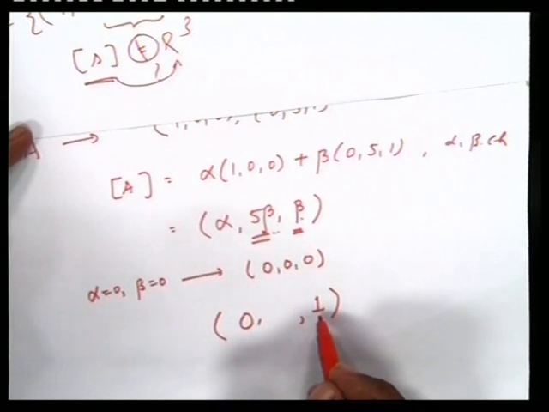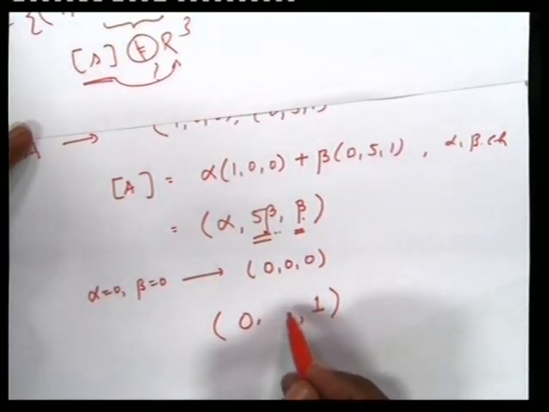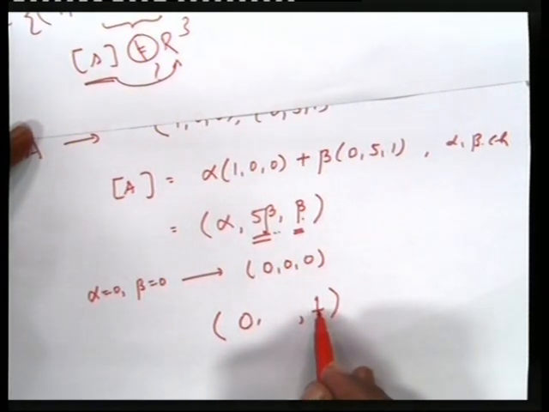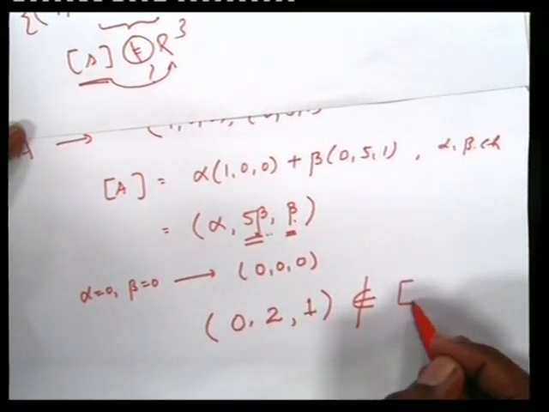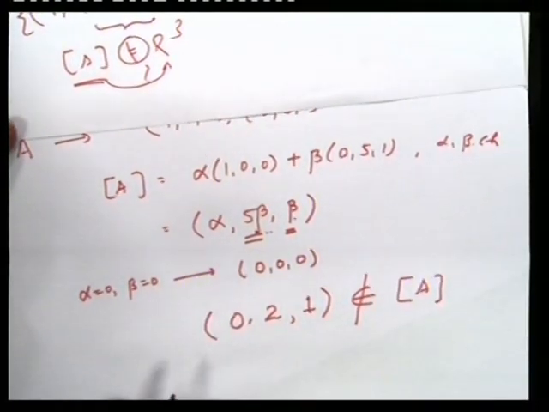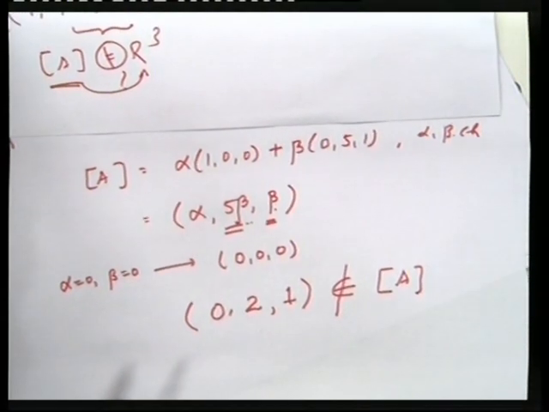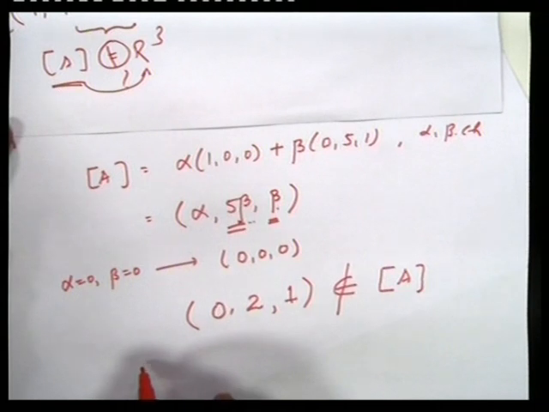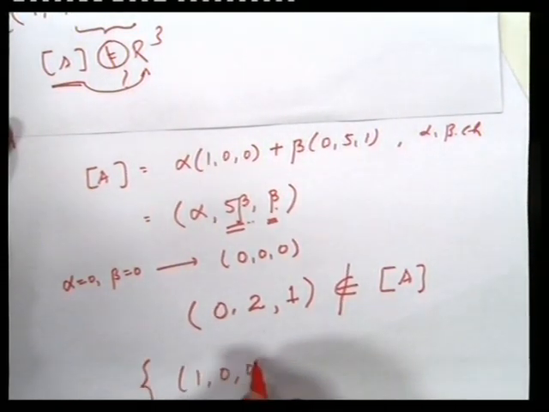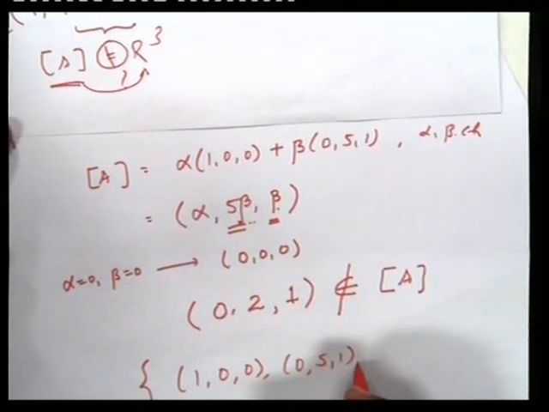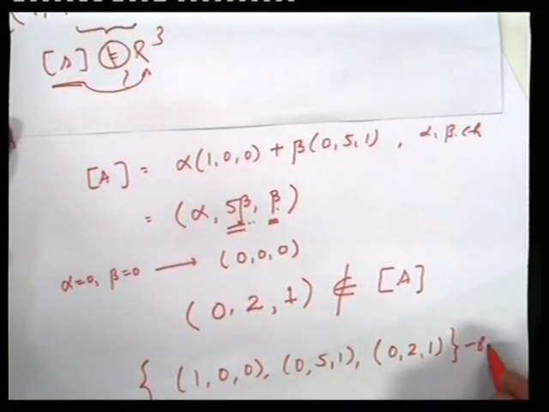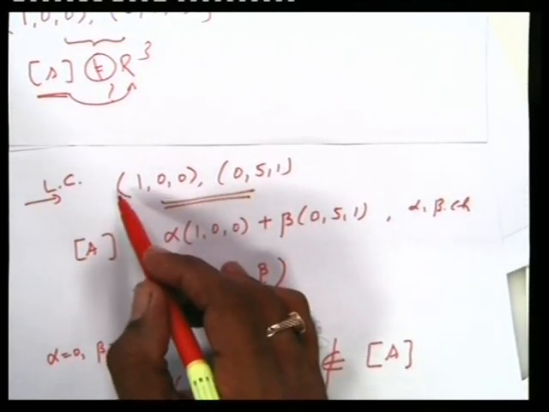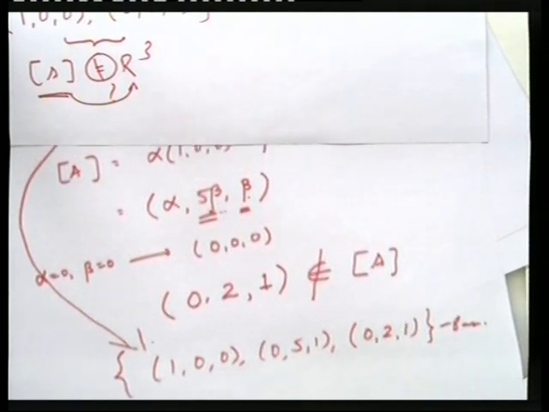If I take 2 here and 10 here, then it will be in the span of A. But instead, if I take 1 here and 2 here, then definitely this vector will not be part of the span of A. And definitely the set (1, 0, 0), (0, 5, 1) and (0, 2, 1) will be a basis for R3. So we have extended the set A up to a basis of R3.